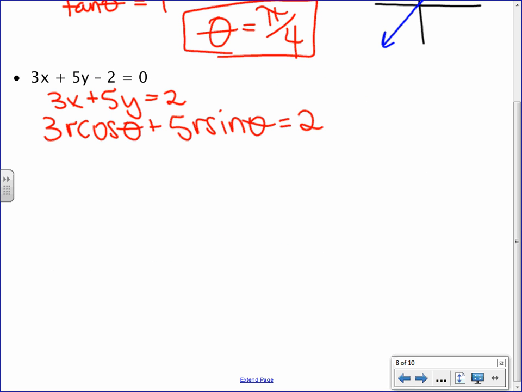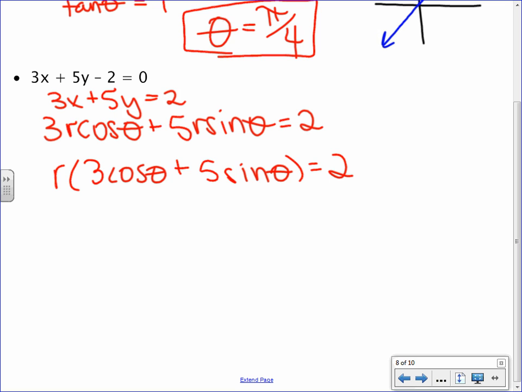Our goal is to solve for r. What should we do? There's 2 r's. You can add those 2 terms together. So what can you do? 2 terms have an r. Factor it out. Okay, now I have r times something.